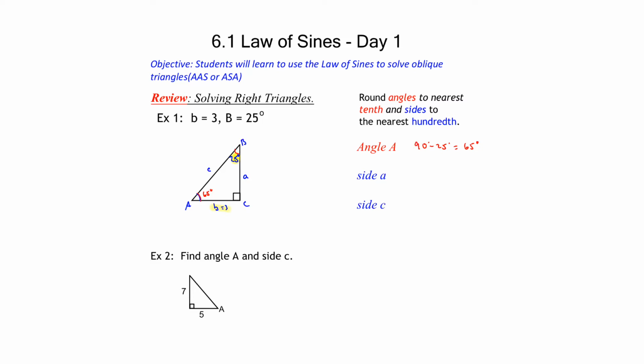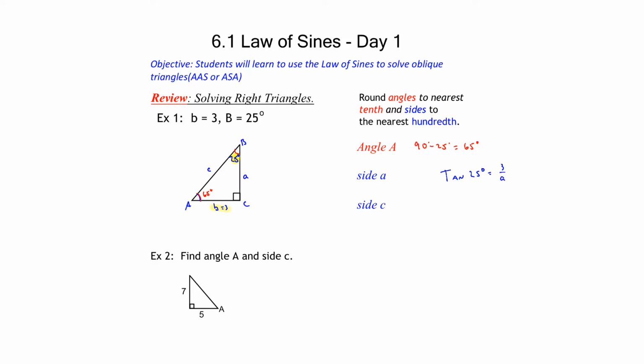So for side a, if I stick with b equals 3 and 25 degrees for angle B, what trig function is that? That would be opposite over adjacent, which would be tangent. So tangent of 25 degrees is equal to opposite 3 over adjacent a.